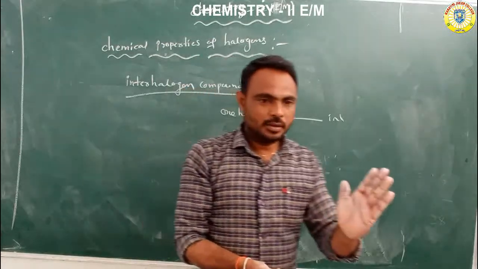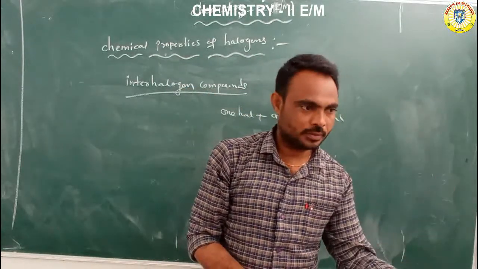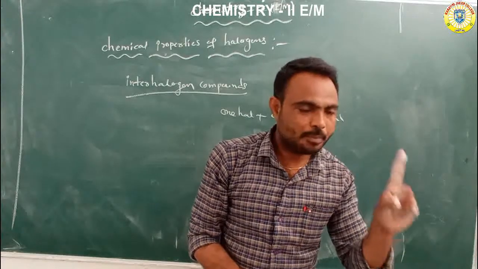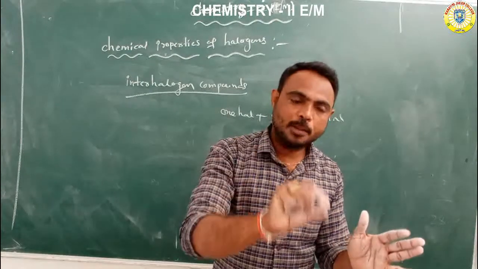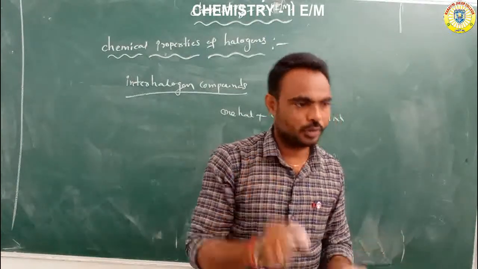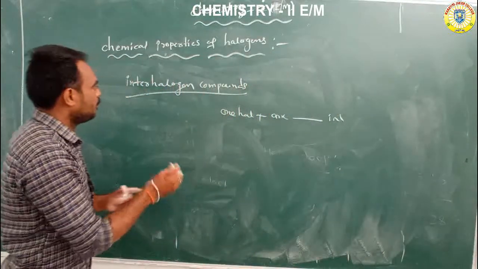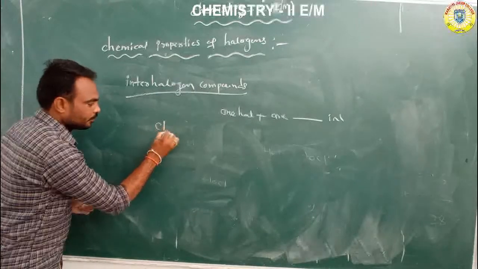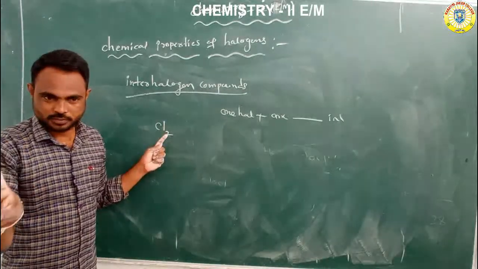One halogen reacts with another halogen to form a binary compound, a specific compound. That compound is called an interhalogen compound. Suppose for example we have taken chlorine. Chlorine is one halogen.